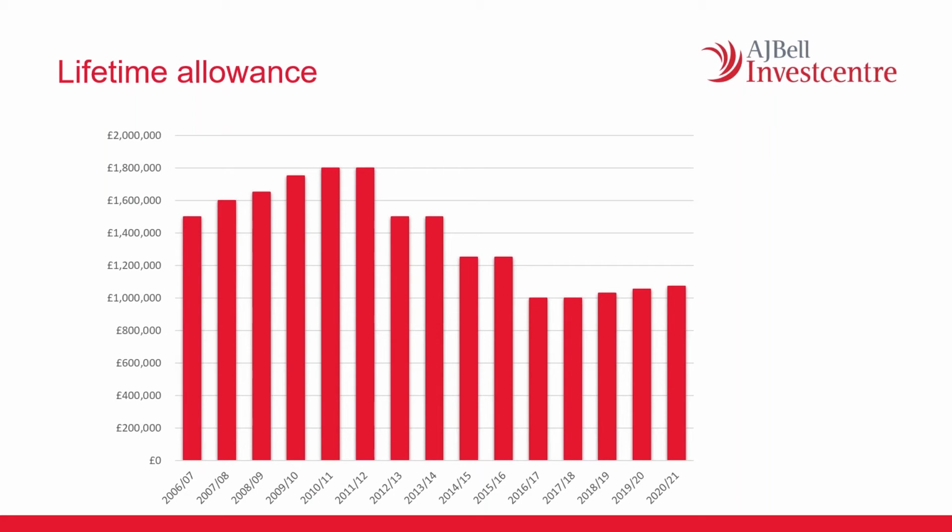It came in as part of all the A-Day changes, but most of the legislation on that was in the Finance Act 2004, and that piece of legislation actually set the lifetime allowance for the first 5 years. So we knew in advance what the lifetime allowance was going to be, and it nicely went up every year from £1.5 million, rising all the way to £1.8 million in the 2010-11 tax year.